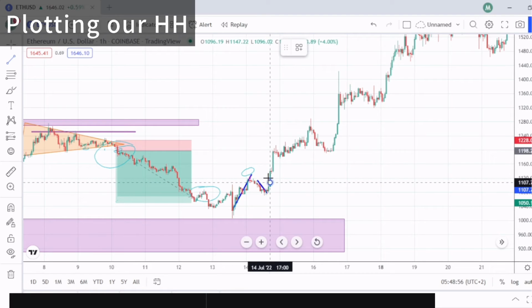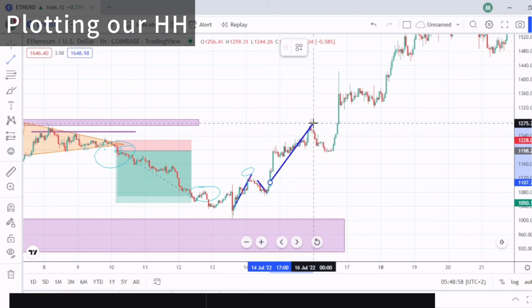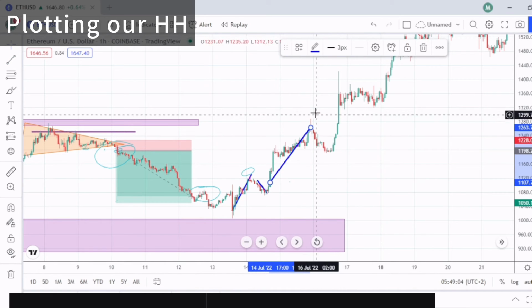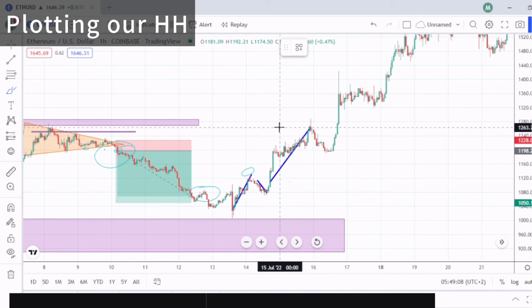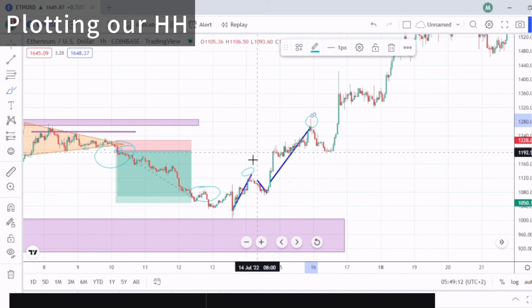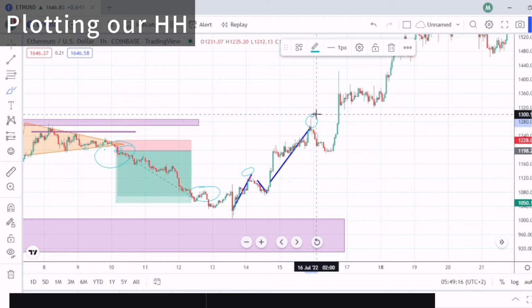Then you have that swing up there. So we have our higher high again. Our next higher high is this one here. This is our higher high. So we have our higher low, higher high.